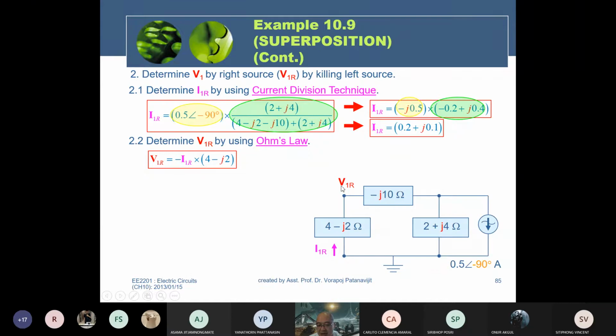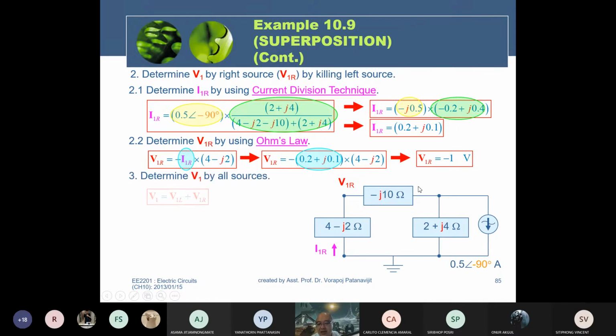But the direction of the current is reversed, therefore you must take a minus here, because the current must flow from the higher voltage level to ground, but the current here flows in the reverse direction. You get V1R equal to I1R that you computed from the previous step, multiplied with the impedance, V equals IR. V1R equals minus 1 volt. Now the total voltage equals the voltage from the left-hand source added to the voltage from the right-hand source. Adding them gives you the result here.